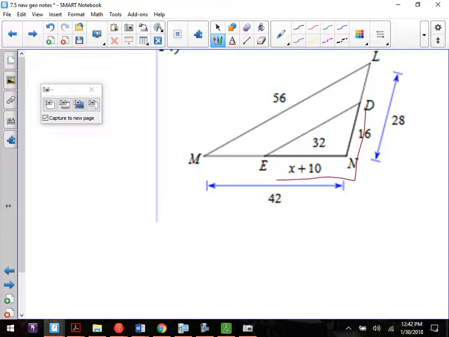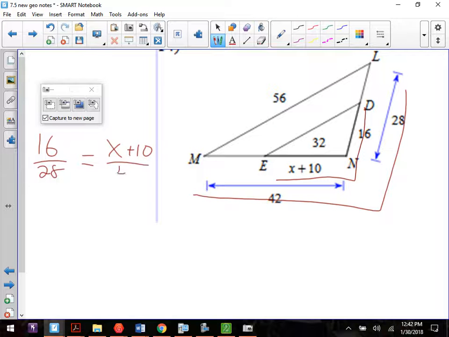Side angle side. 16x plus 10, 28, 43. By going back to that idea, it just makes it easier. It's a lot cleaner, and there's a little bit less weirdness to worry about.